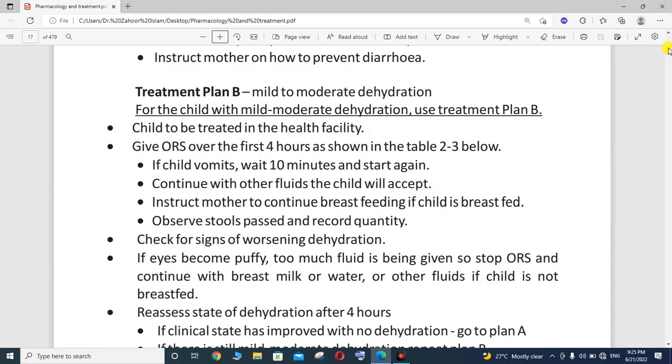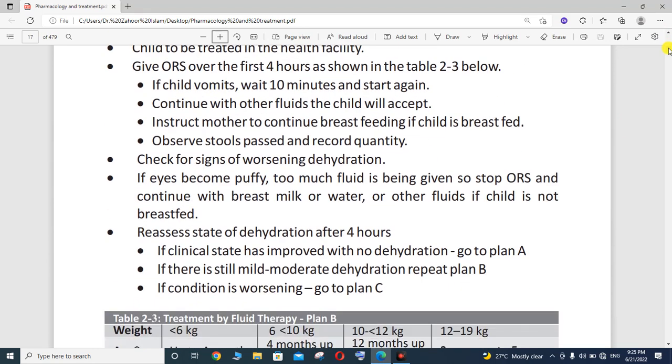Now, after that, if the eyes become puffy, if the eyes swell up, then too much fluid is being given, so stop the ORS and continue with breast milk or water or other fluid if the child is not breastfed.